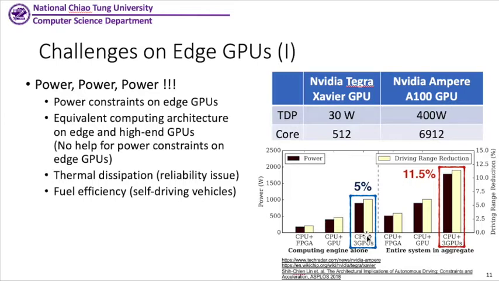Reducing the number of GPU cores won't completely resolve the edge GPU power constraints. Therefore, we need an energy-efficient architecture design on edge GPUs to overcome the power constraints.